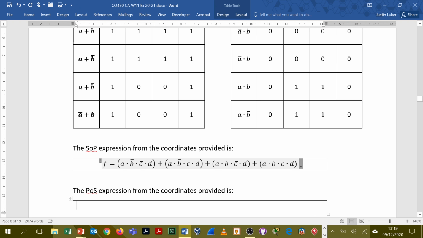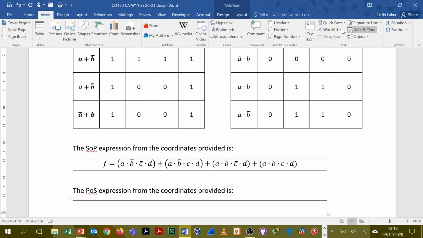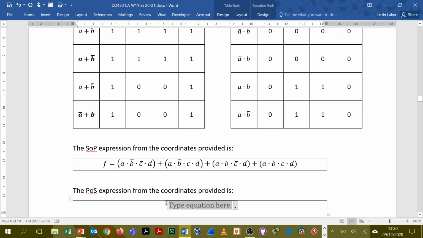And then we can do the same for POS. So again, insert our equation. F equals, and this one we're looking for the zeros, isn't it? So we're not doing ands, of course. What have we got?